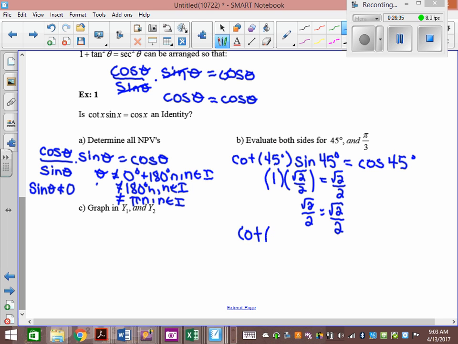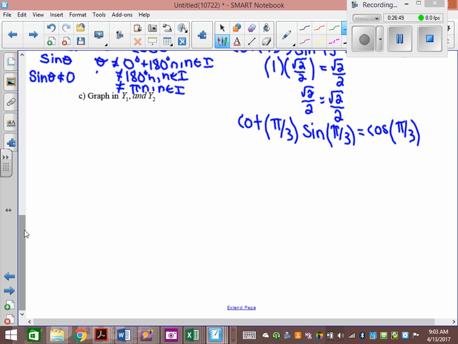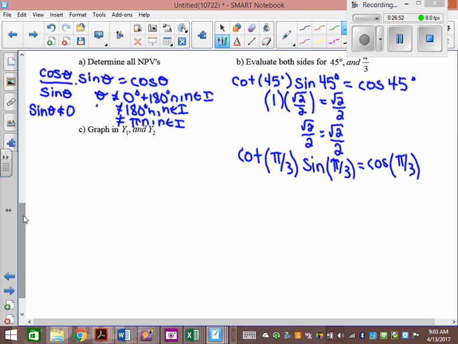So we're going to do cotan of pi over 3 times sine of pi over 3 equals cos of pi over 3. Cotan of pi over 3. Cotan is cos divided by sine, right? So it's going to be a half divided by root 3 over 2, which is a half times 2 over root 3, which is 1 over root 3.